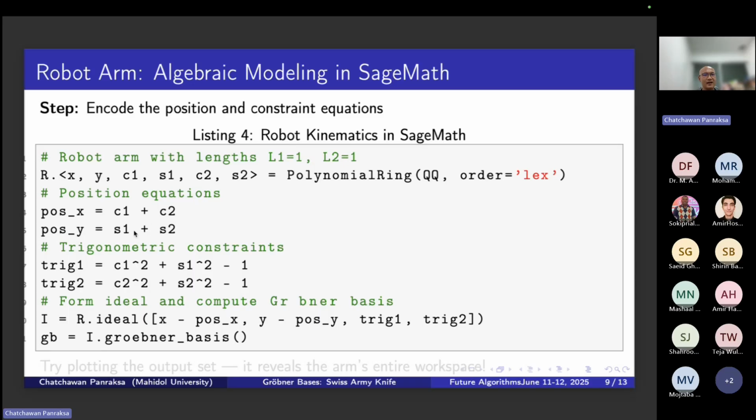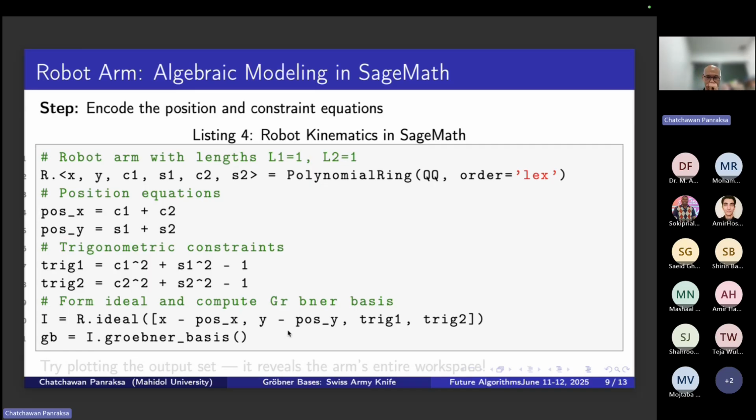And S1, S2 are for the projections to the y-axis for robot arms number 1 and number 2. Again, we use the trig identity, and we can write this as cosine squared plus sine squared minus 1 equal to 0. But here we have to do it for robot arm number 1 and number 2. And again, we can run the Gröbner basis in SageMath.